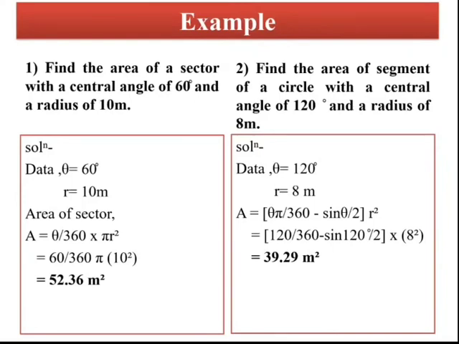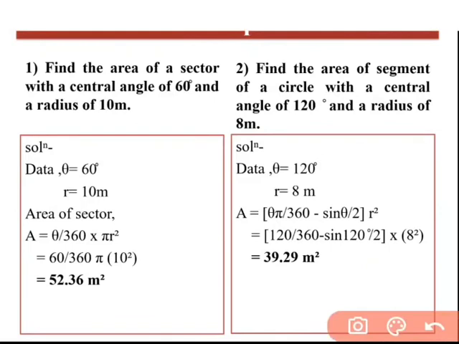Now next, calculate the examples. Example number 1. Find the area of a sector with central angle of 60 degree, that is, theta is equal to 60 degree, and radius 10 meter, that is, small r is equal to 10 meter.